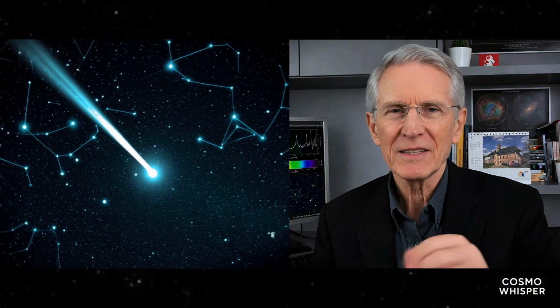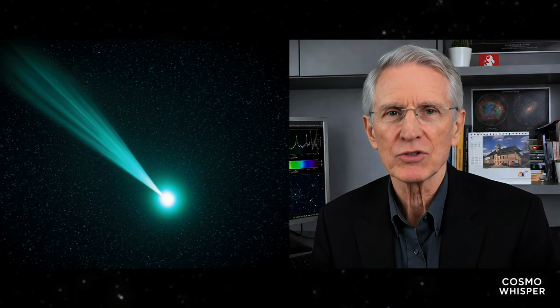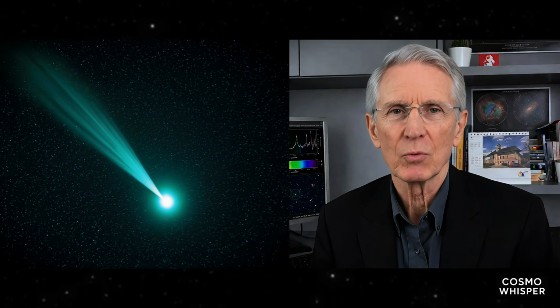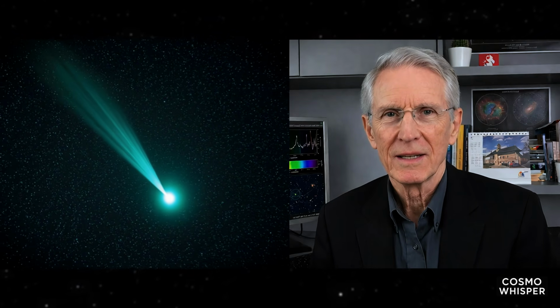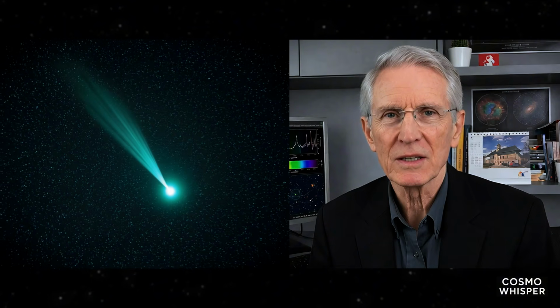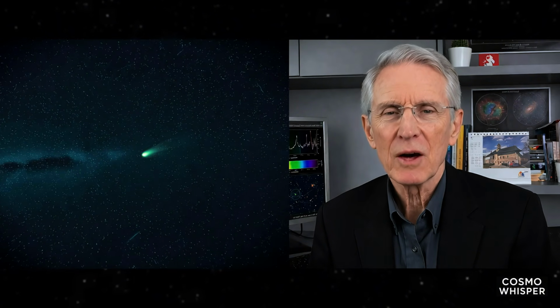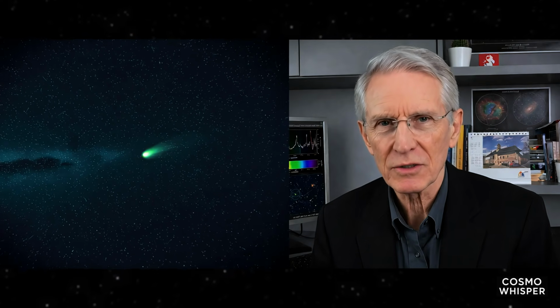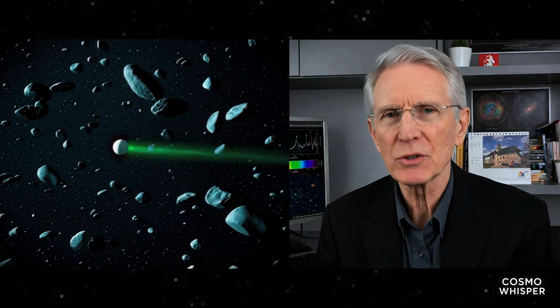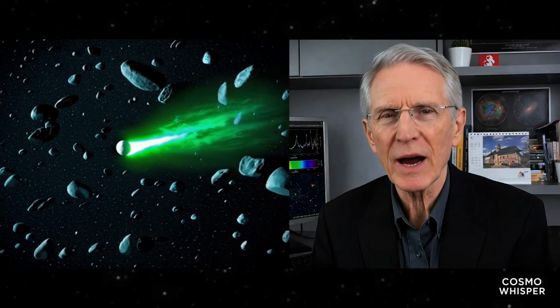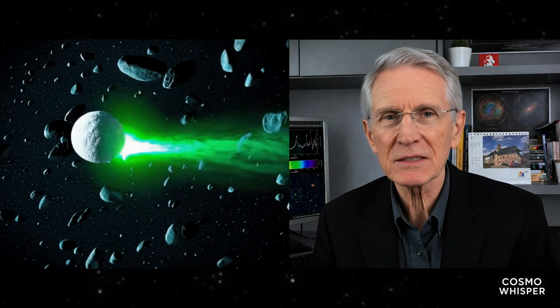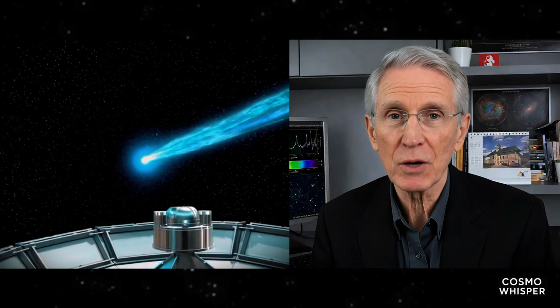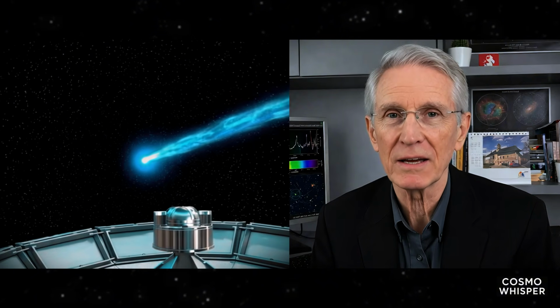But if the anti-tail is composed of large, solid fragments, pebbles, rocks, or boulders, the opposition surge is much sharper. Solid surfaces reflect light differently than porous dust clouds. Measurements of the brightness surge of 3I Atlas at opposition to the Sun could shed new light on the composition and size of the fragments it launches into the anti-tail.